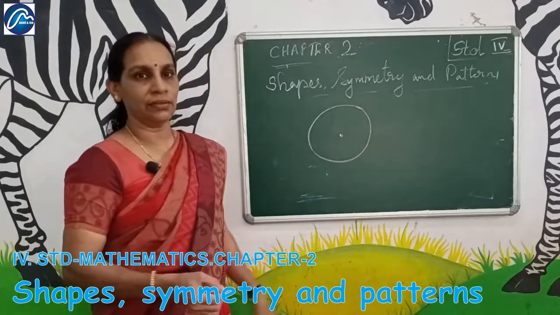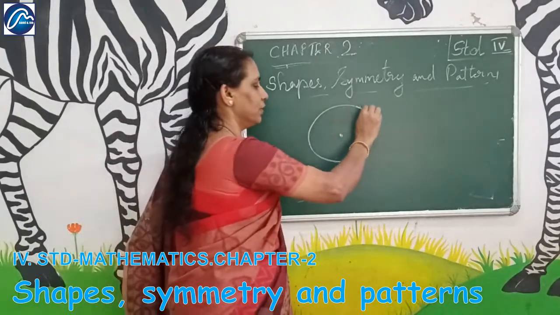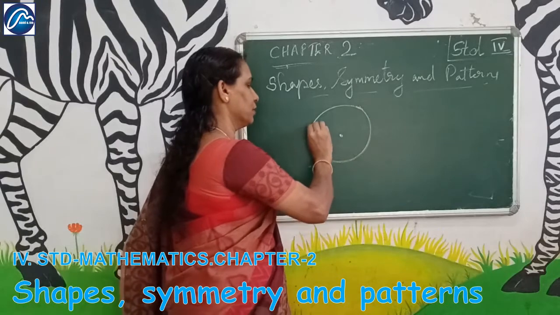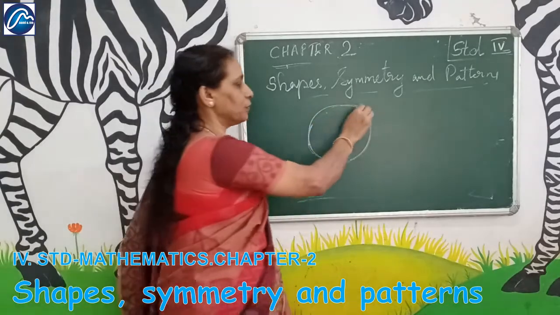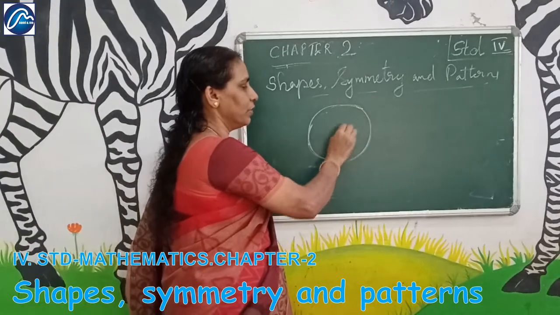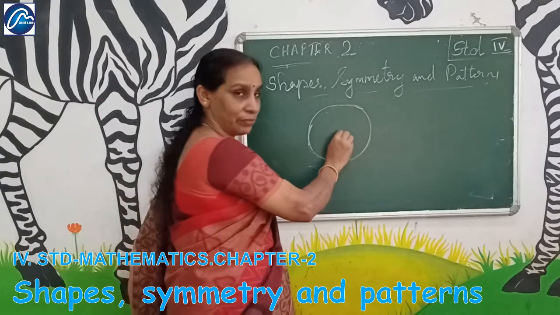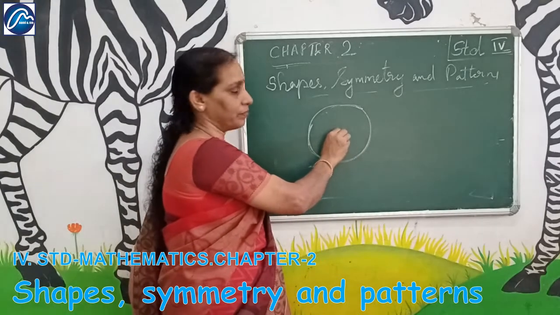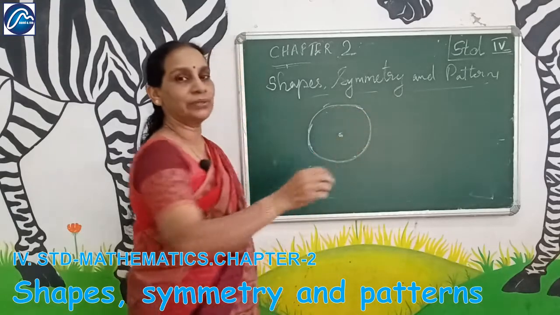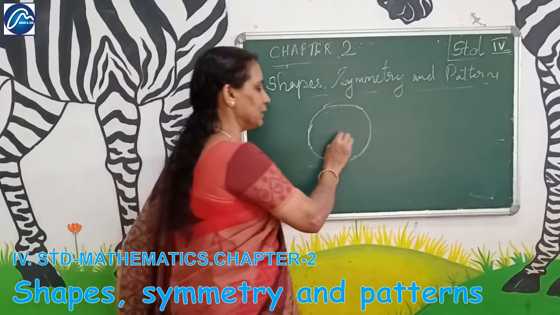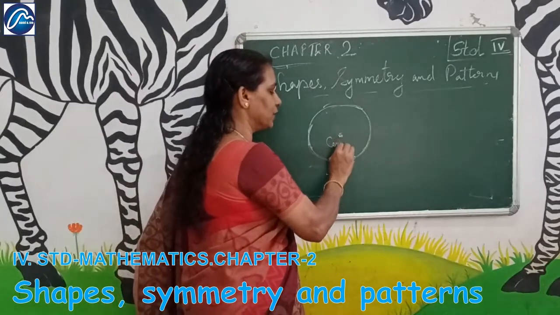A circle means like this, and all these points have the same distance from this point. So this point is known as the center of the circle.